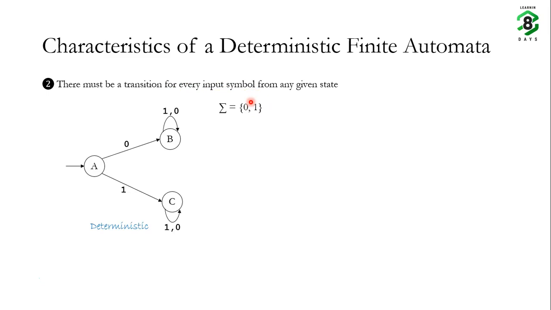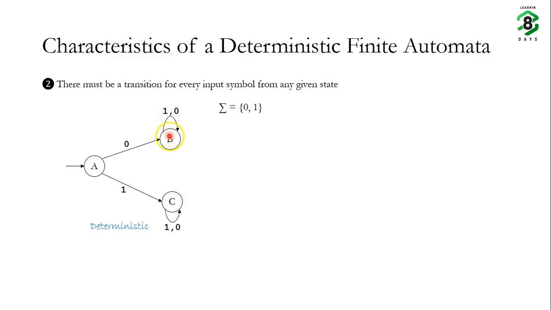The second thing is that there must be a transition for every input symbol from any given state. For example, suppose we are in state A. There are two possible input symbols, 0 and 1. Is there a transition for both these input symbols? The answer is yes. From state A, input symbol 0 goes to state B, and input symbol 1 goes to state C. Again, from state B, there are transitions per input symbol.